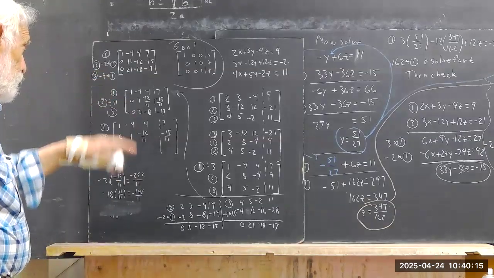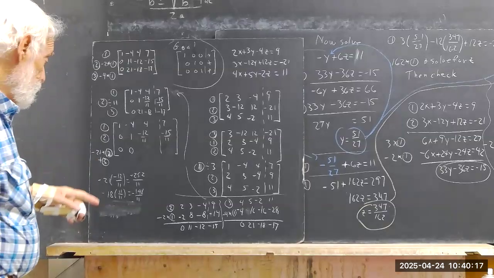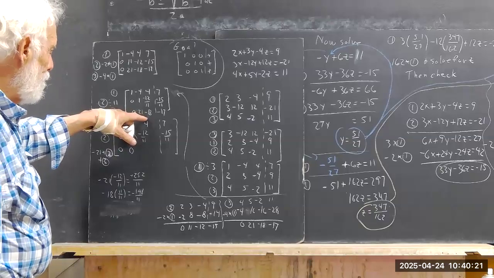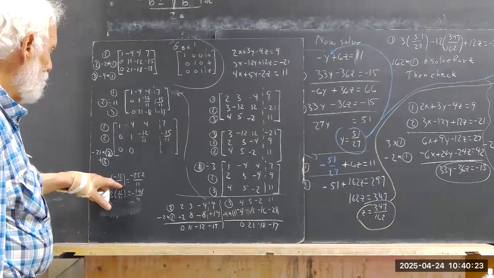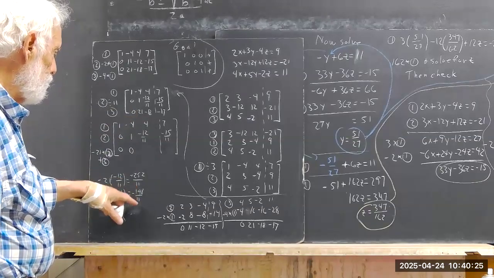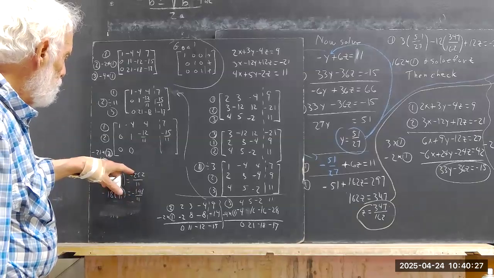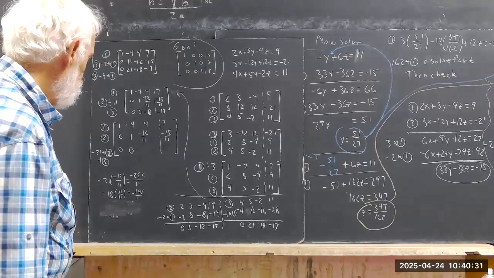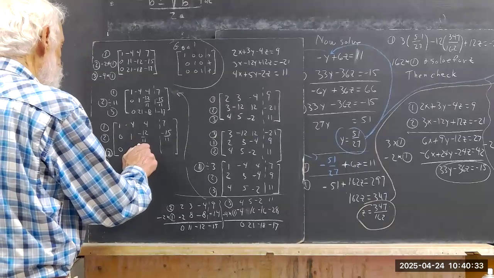These numbers aren't that difficult to do in my head, but use a little caution. Negative 18 times 11 over 11 is negative 198 over 11. So we're going to have 252 over 11 and negative 198 over 11, which is 54 over 11.